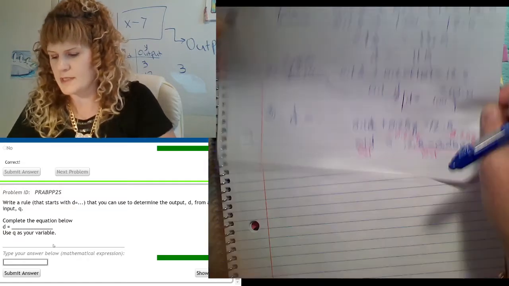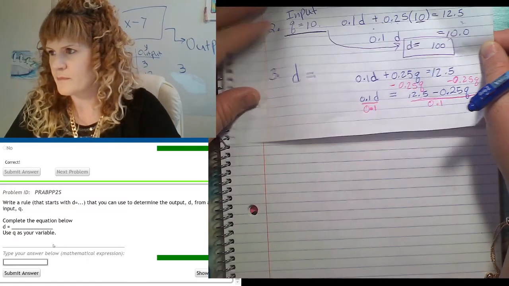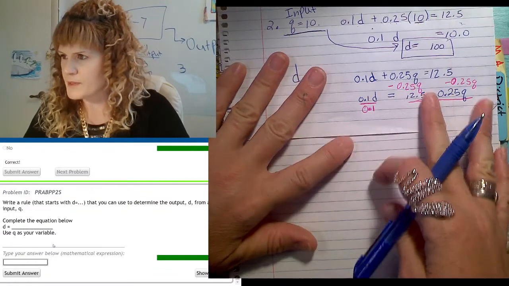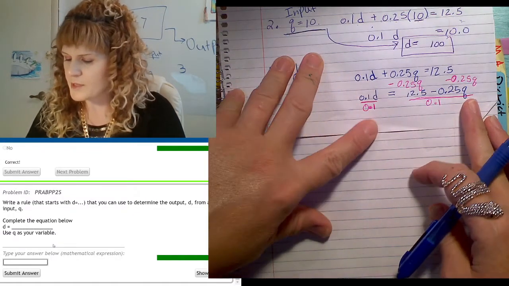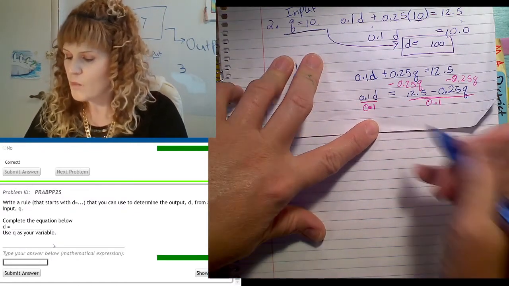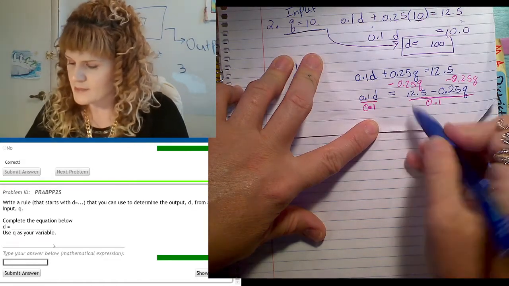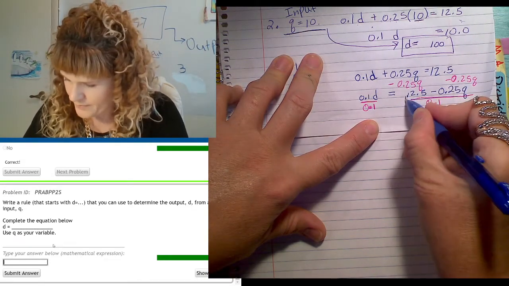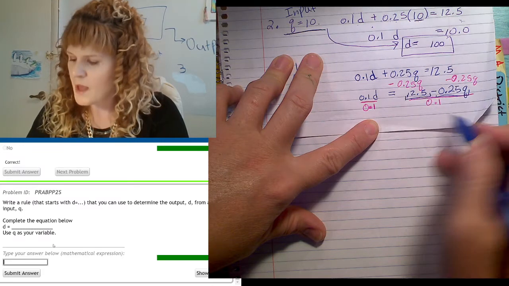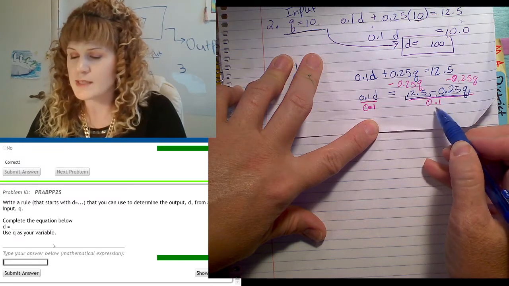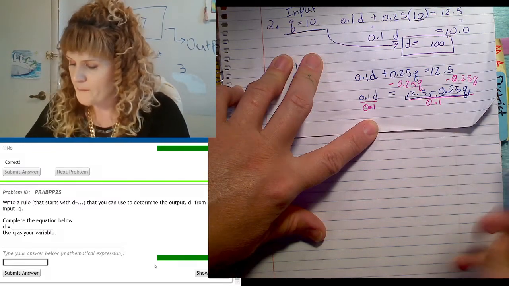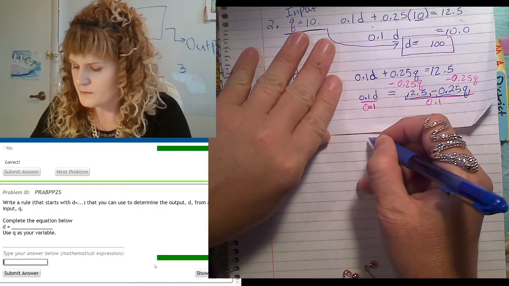So I'm going to give you more details. I need more space. Now I divided both sides by 0.1. Let me show you how to simplify that. When I divide something, it's this term minus this term, both of those terms get divided by 0.1. So I'm going to rewrite that here.